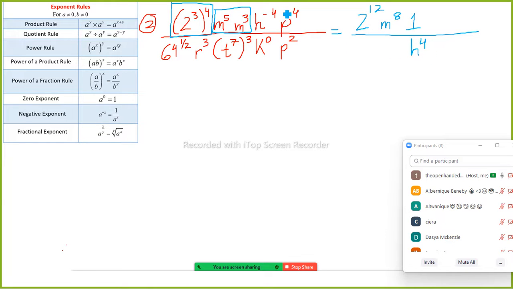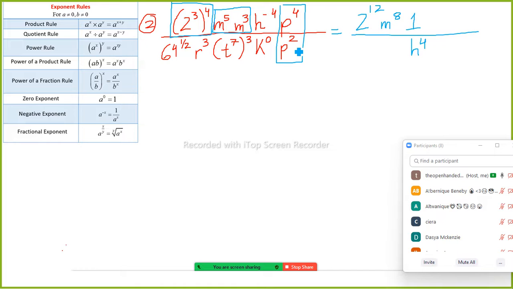KC, can you tell me what to do with p to the 4th and p to the 2nd power? Give you a minute, okay, no problem. P to the 4th power divided by p to the 2nd power.